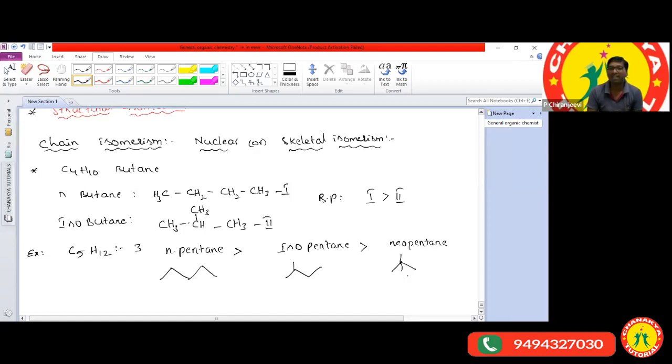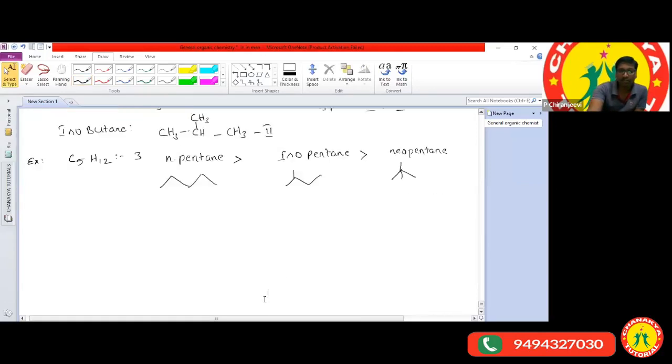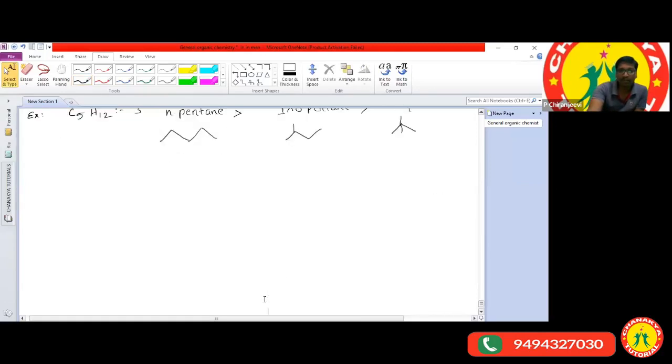Whenever they differ in chain length, we call them chain isomers. Next we'll go for positional isomerism.